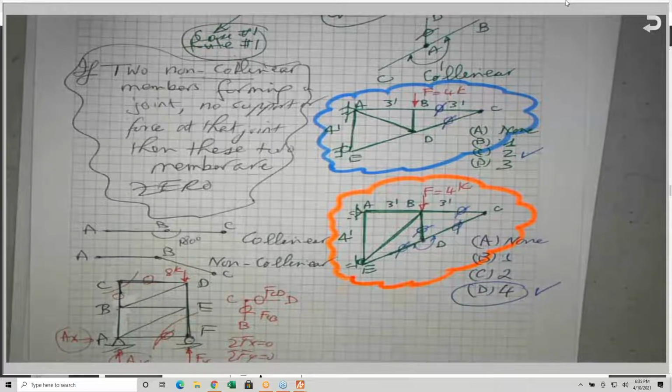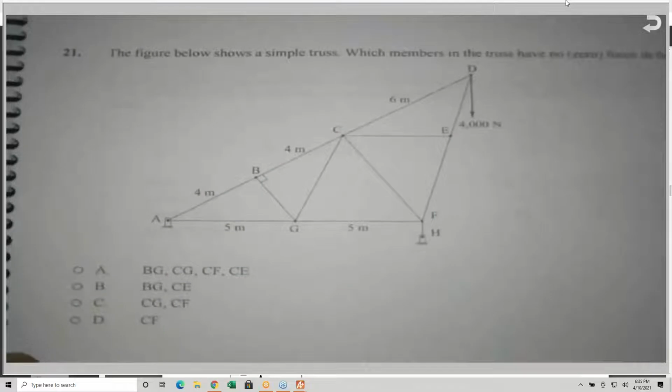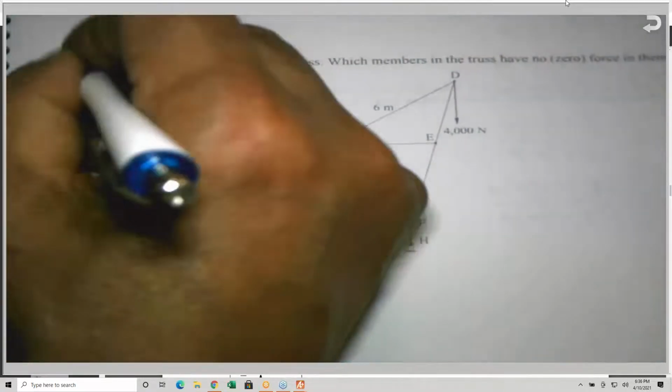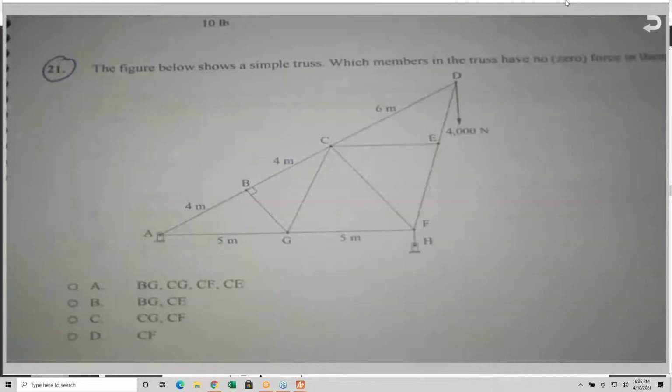Here it is. This is a problem here. Let me get it closer. Here we go. This is problem number 21 of the NCEES.